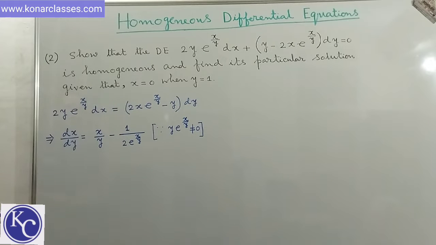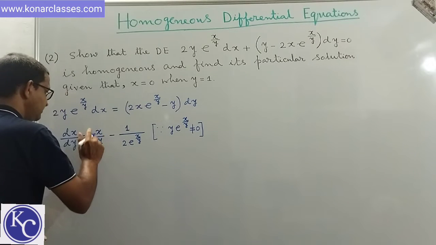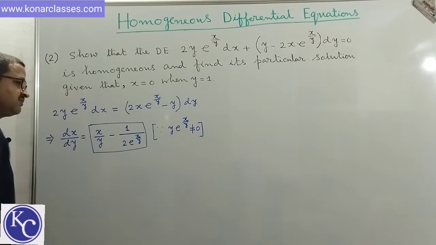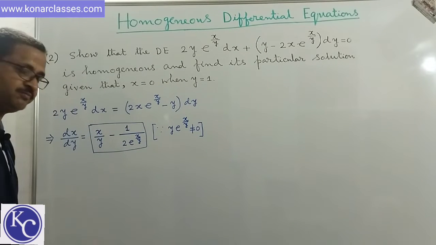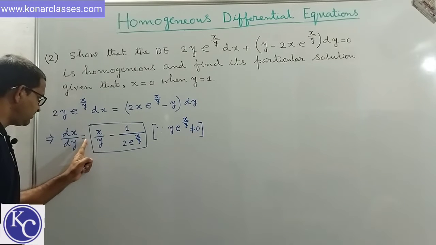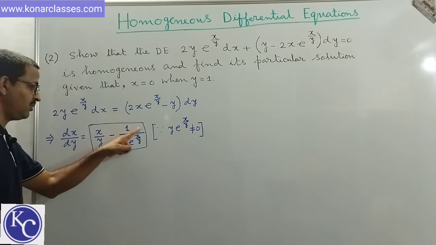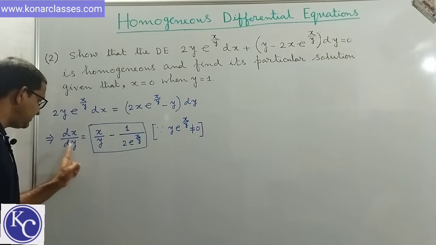Absolutely clear? Now dear students, this entire function on the right hand side is a homogeneous function of degree 0 in x and y, because we can write it as y to the power 0 into a function of x by y, and here it is dx/dy.